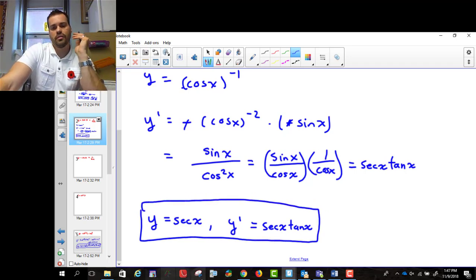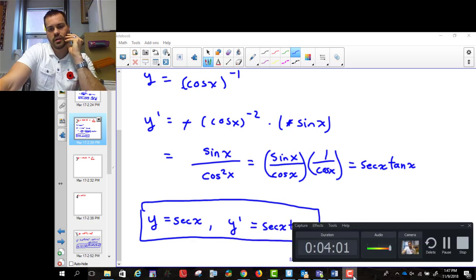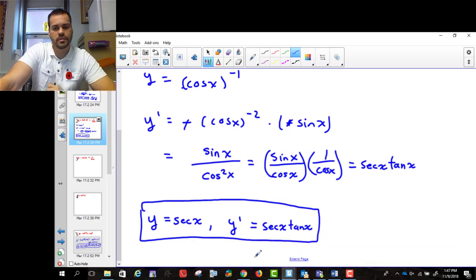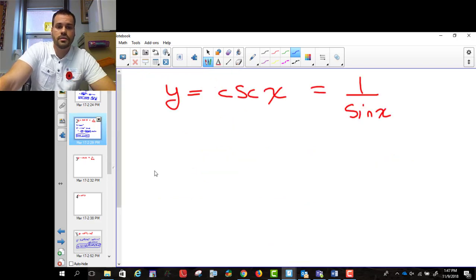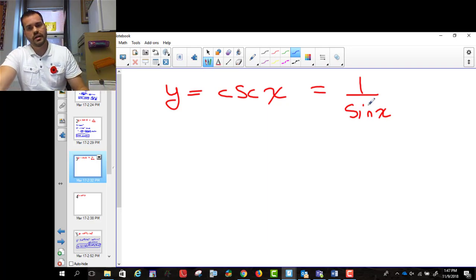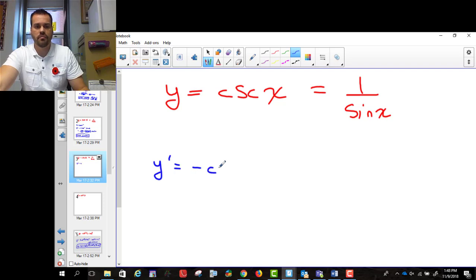And for the sake of time in the video, because I want to do some examples as well, I'm just going to say what the other ones are. You can prove them. That's 2 out of the 4. So cosecant, you would do 1 over sine x, and y prime will eventually become minus cosecant x cotangent x. If you want to follow the proof, it's exactly the same as the proof for secant.